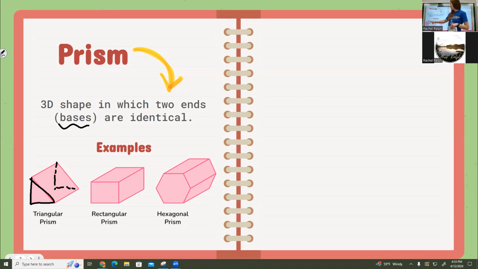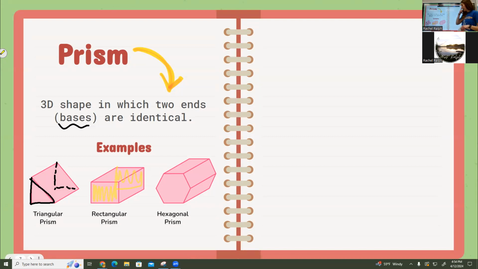So the bases, or the ends, here are identical, same as this rectangular prism. We have one face right here, one side. If we looked through that shape, we would see another rectangle on the other side. So the opposite sides there are identical, the two ends.